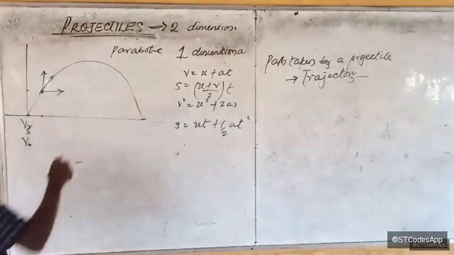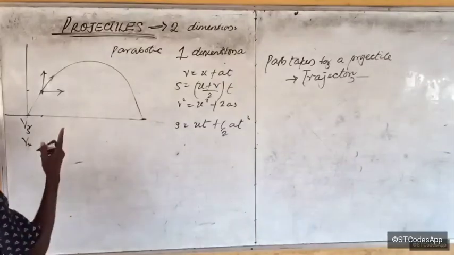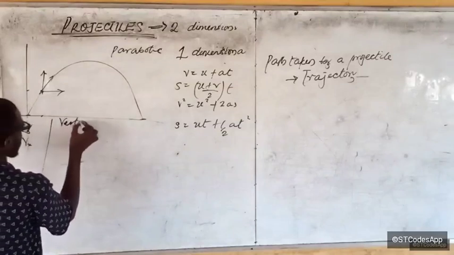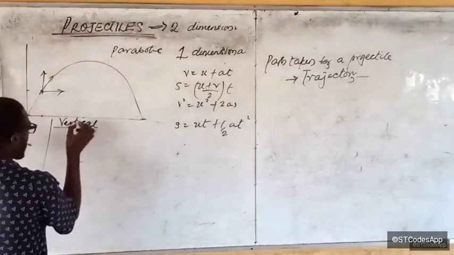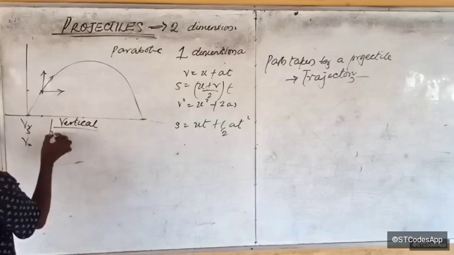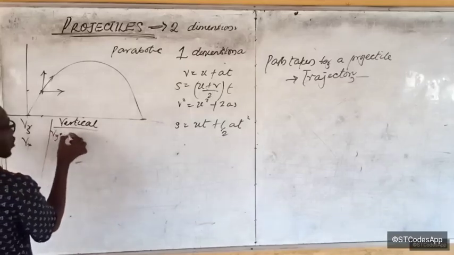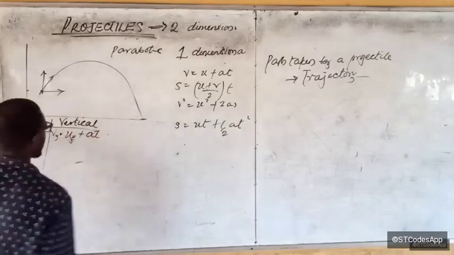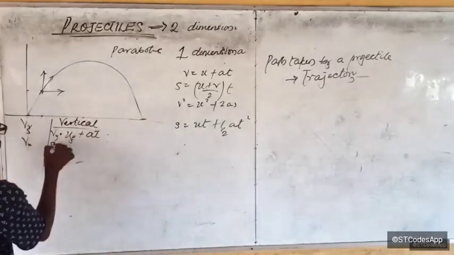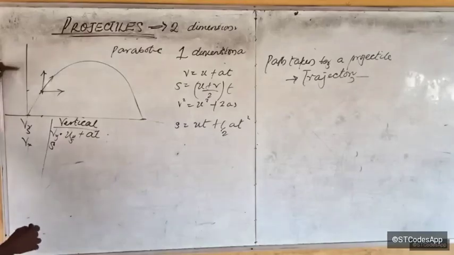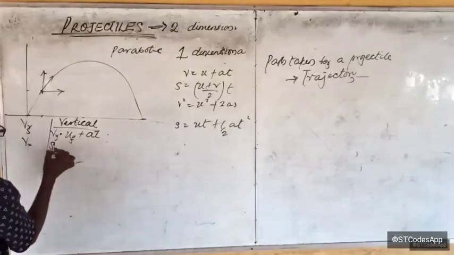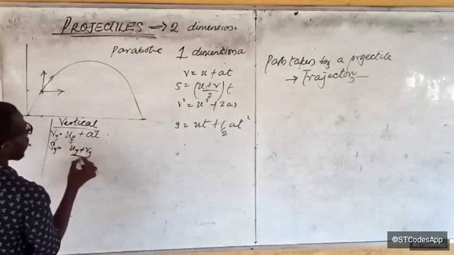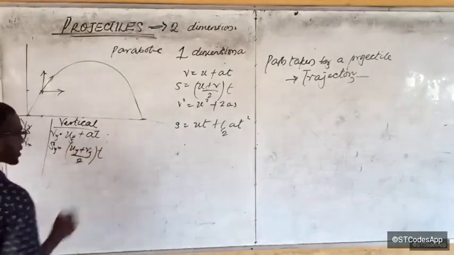So this can naturally alter all those equations, so that on the vertical plane, we're going to have Vy equal to what? Uy plus at. So this is going to be our first equation. S is going to be the vertical displacement. So we have Sy equal to (Uy plus Vy) over 2, times t.